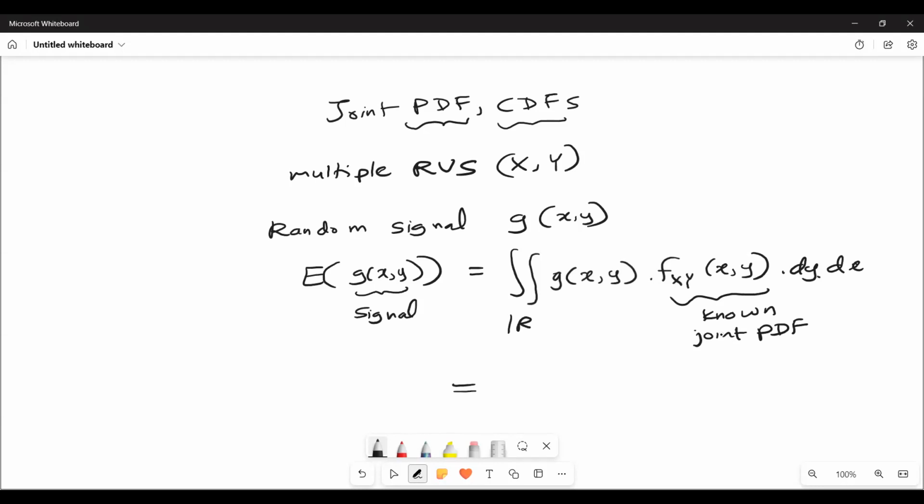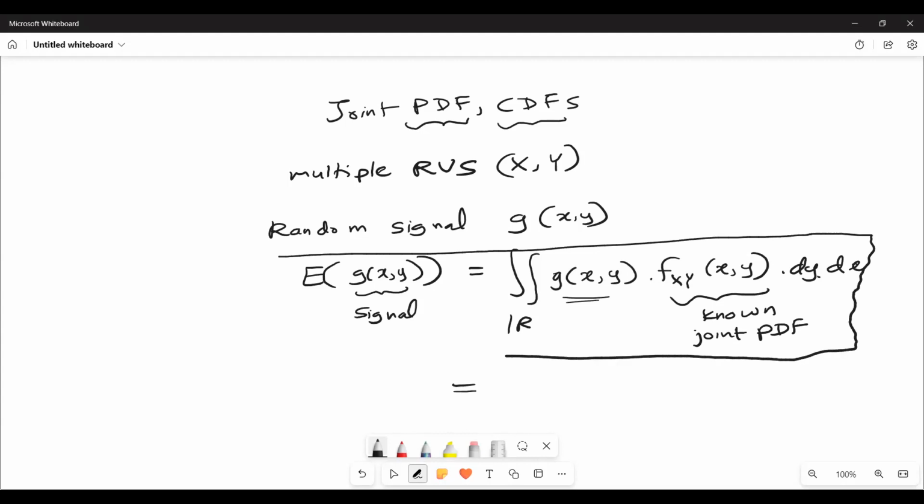Since I want to find the average value of this function, I need to consider all the values that X and Y can take in this integration. So using this definition, I can find the expectation value of the signal, or the average value of the signal that we are considering here.